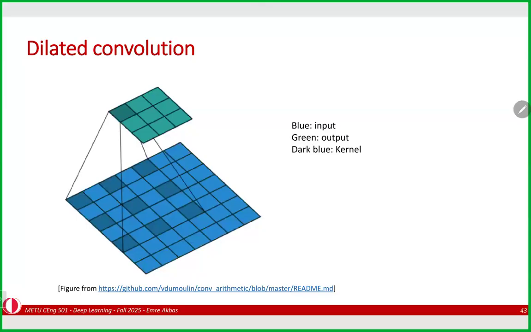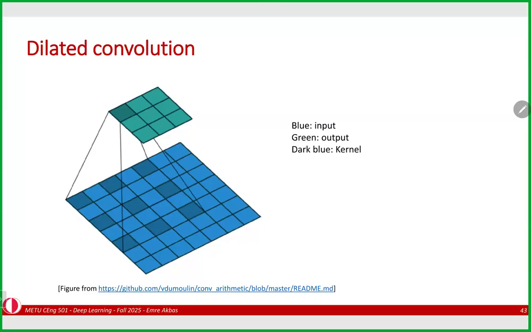Dilated convolution is something you use when you want to cover a larger area of the input image or the input tensor, but with the same number of parameters. So let's say you want to use a 3x3 kernel with 9 parameters. Actually not 9, 3x3 times some number of channels. But you want to cover a larger area. And if you want to do that, then dilated convolution is what you need to use.